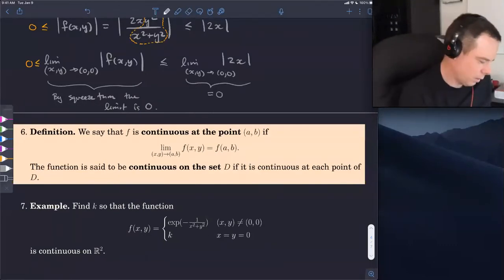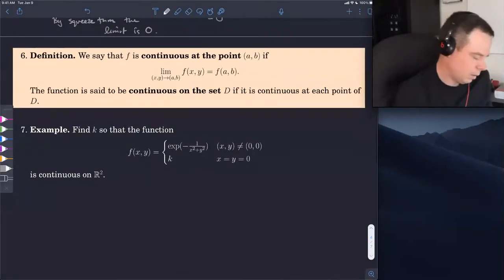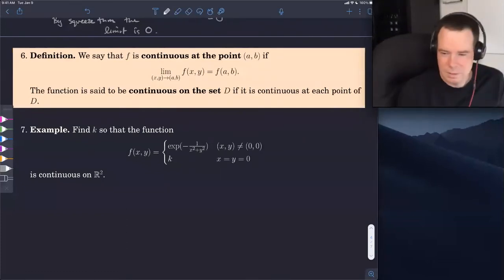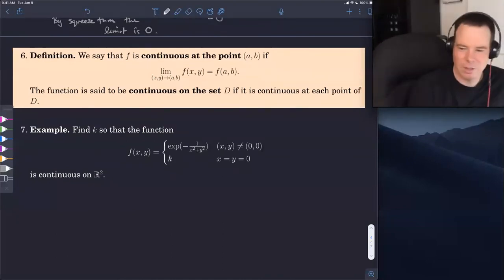So let's go ahead and look at this next example. Let's find the value of k so that this function is continuous. So it looks like for (x,y) values not equal to 0, so for any other (x,y) value, 1, 2, pi, and e, whatever the x and y values are, as long as they're both not 0, we have no issues evaluating the exponential.